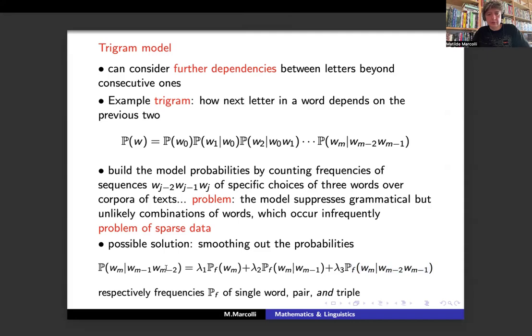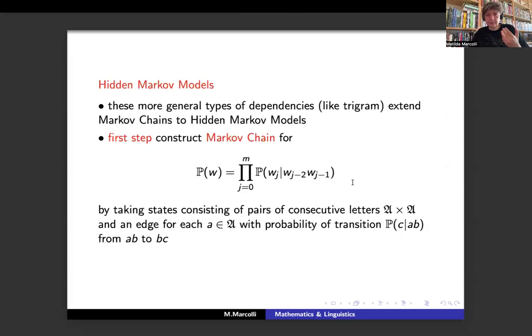If you list the co-occurrences for more than two, this could be very small, but you can combine them with the individual occurrence probabilities and the pair occurrence probabilities, and have parameters that take care of this smoothing out of probabilities. And so this means that the actual N-gram models should be thought of more as hidden Markov models.